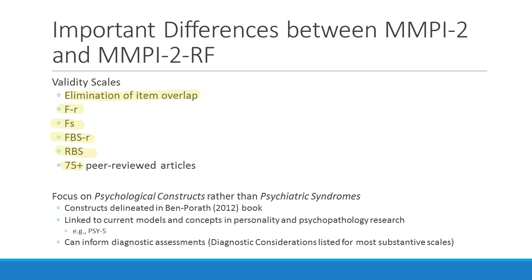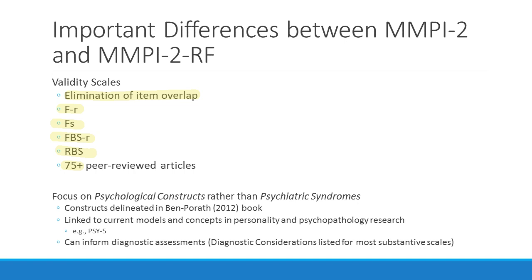The second important difference between the MMPI-2 and MMPI-2-RF that I want to mention briefly is that the MMPI-2-RF scale scores focus on psychological constructs rather than psychiatric syndromes. Some of you may recall the basic clinical scales on the MMPI and MMPI-2 were meant to target psychiatric syndromes like schizophrenia, depression, hysteria, and so forth.